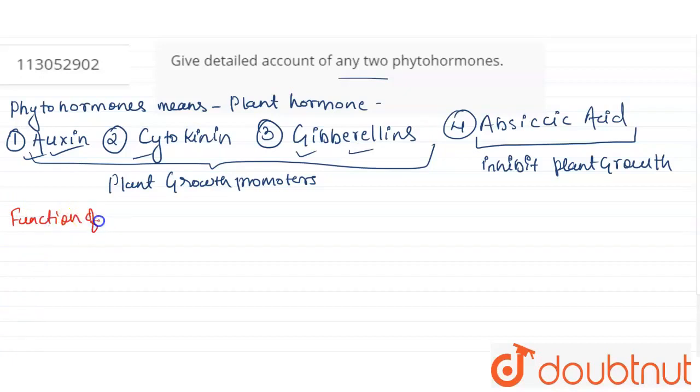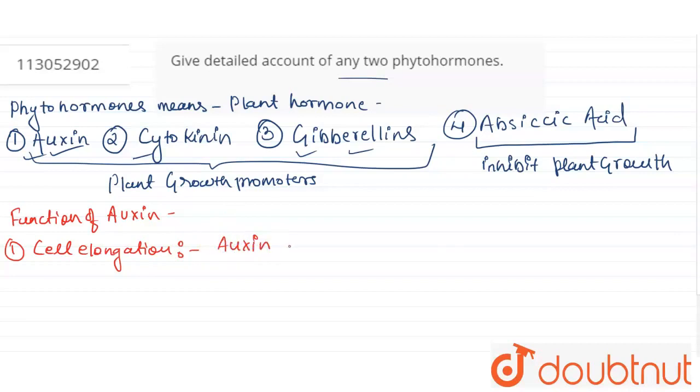Function of auxin. The first function of auxin is very important, which is cell elongation, or we can say cell enlargement. So how does this cell elongation occur? What is the role of auxin?